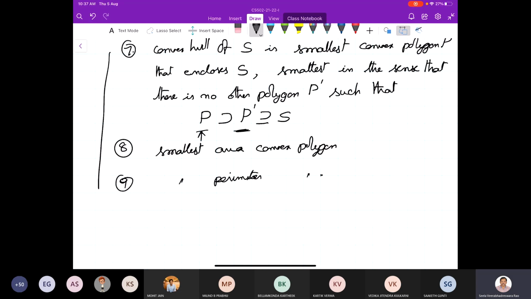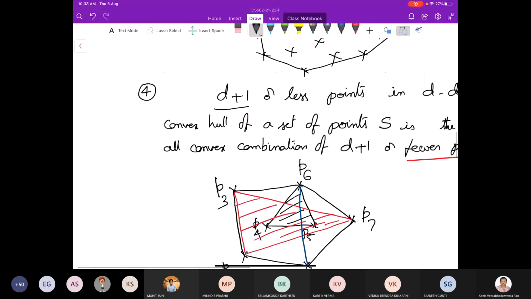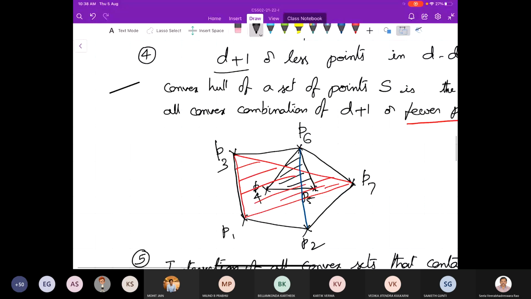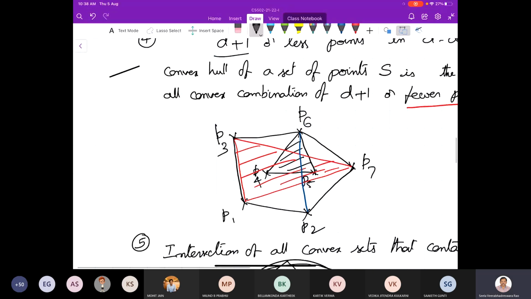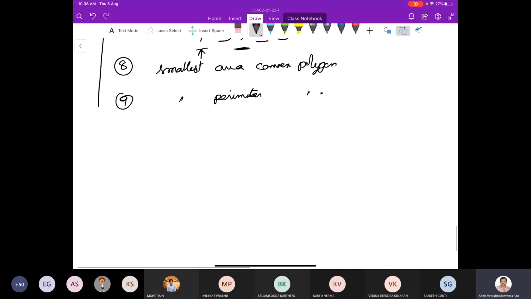You can have another definition based on this: you consider all possible triangles and take their union. That's another possibility.